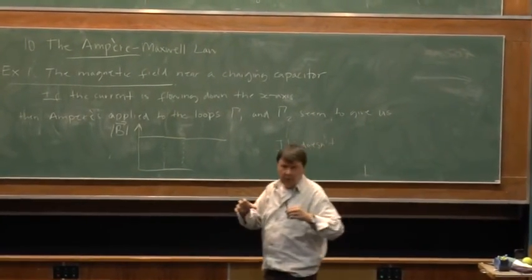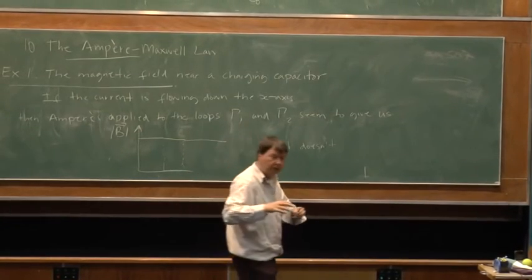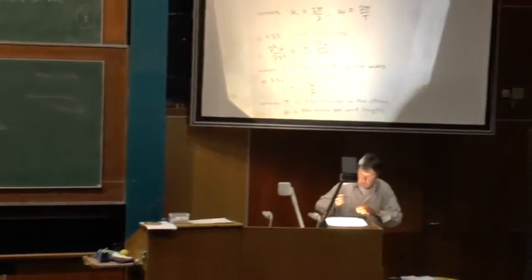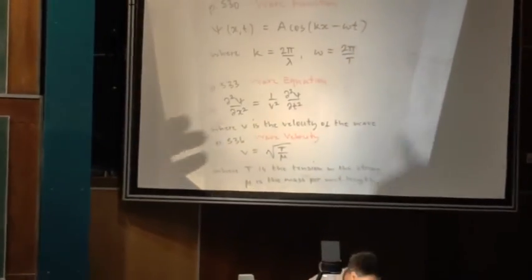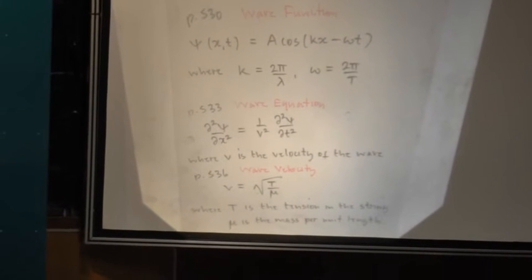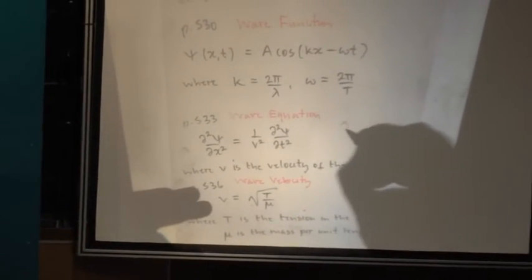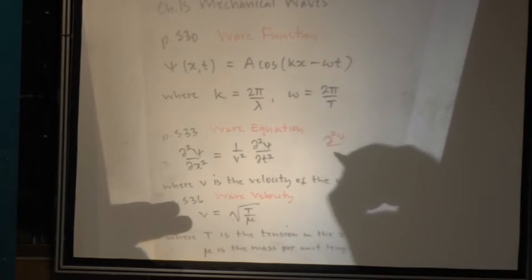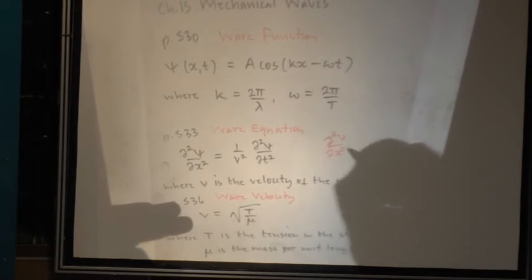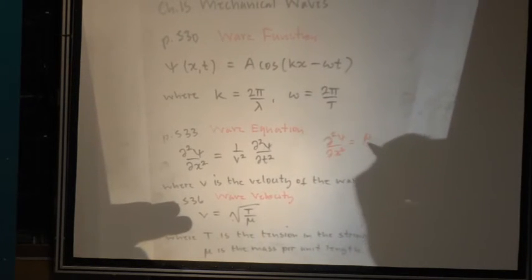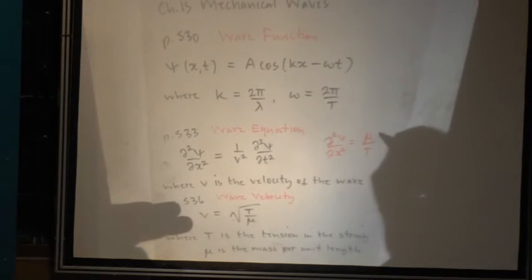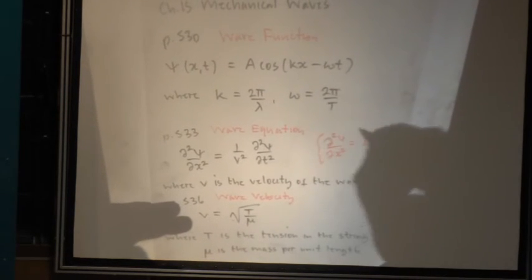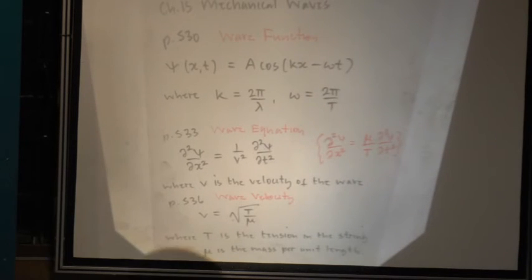In that case, you apply Newton's laws of motion to that situation, and when you apply Newton's laws of motion, a physics argument, you find d 2 psi by dx squared is equal to mu over the tension times d 2 psi by dt squared. This comes from applying Newton's laws.